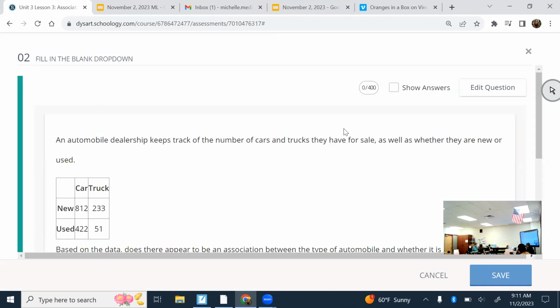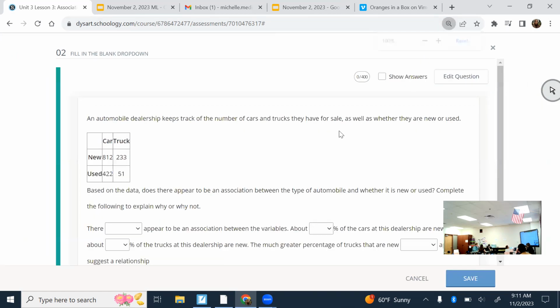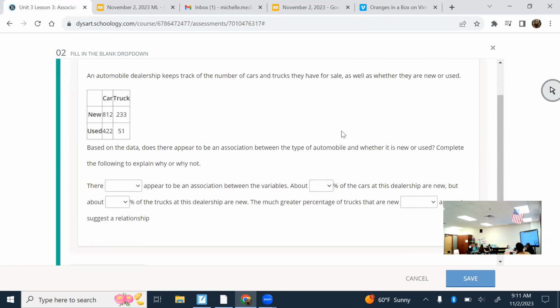So an automobile dealership keeps track of the number of cars and trucks they have for sale, as well as whether they are new or used. Based on the data, does there appear to be association between the type of automobile and whether it is new or used? Complete the following to explain why or why not.